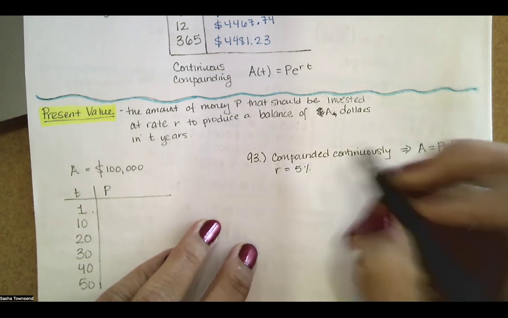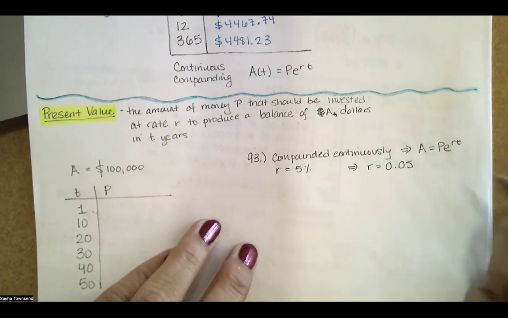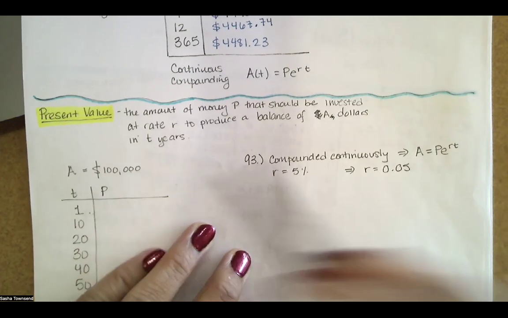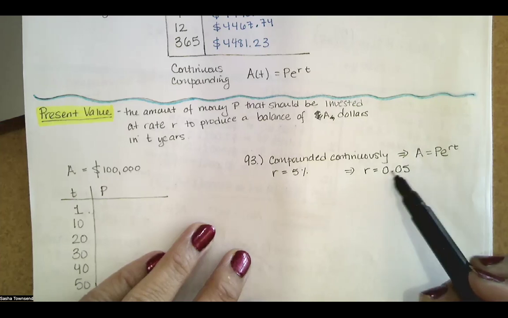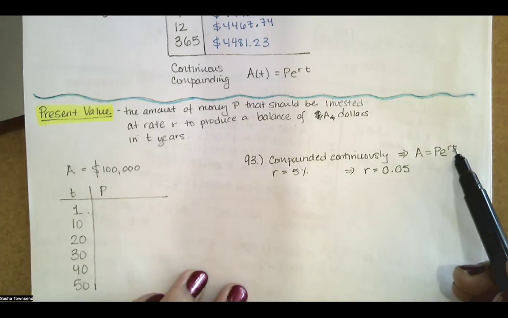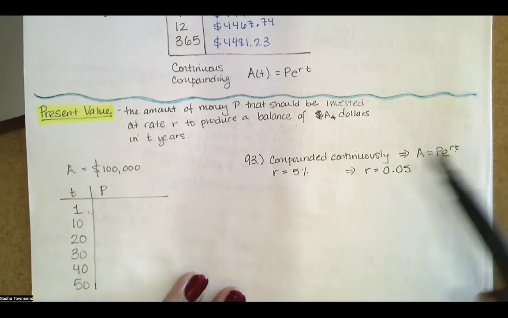And the interest rate being 5% tells us that we should type R equals 0.05. Now, if I want my account balance to be 100,000, I can plug that in here. I can substitute R equals 0.05 here, and then we can substitute in T equals 1, 10, 20, 30, 40, and 50 to this formula.